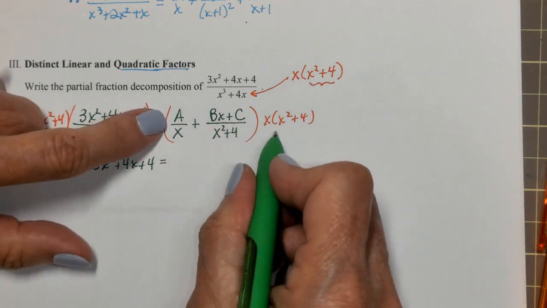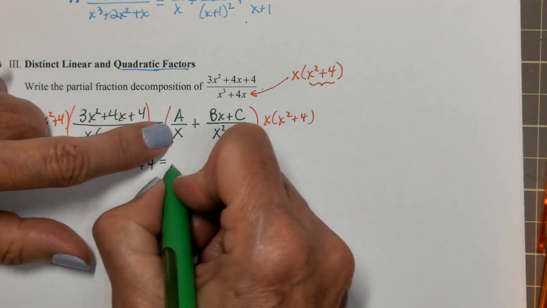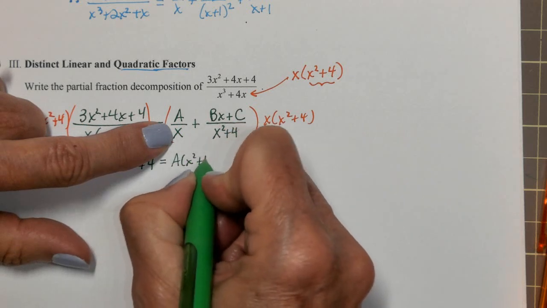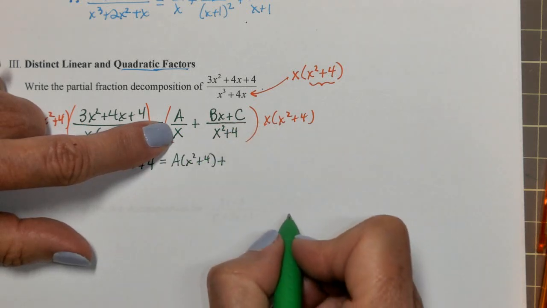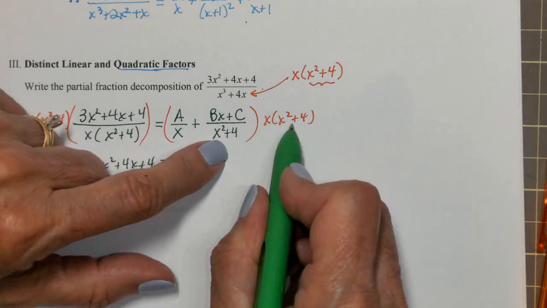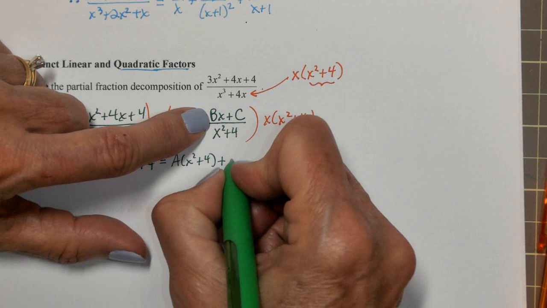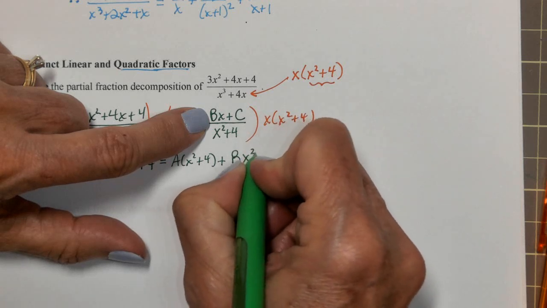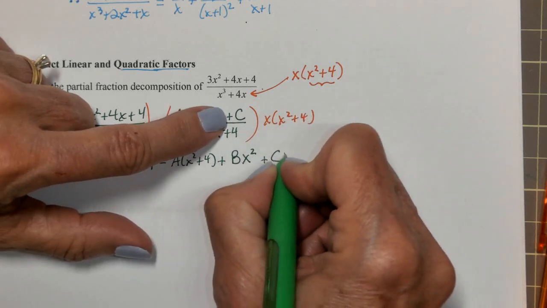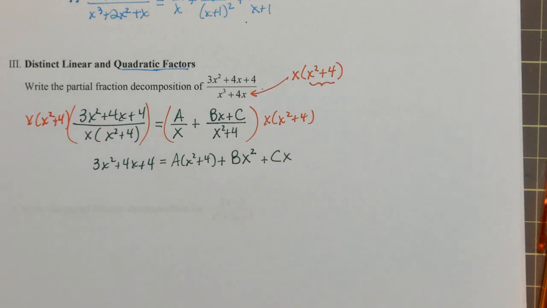And on the right, I'll have a times the x squared plus 4 plus, okay, the x squared plus 4 is canceled, and I have the x here, right? So bx times x would be bx squared plus cx, right?